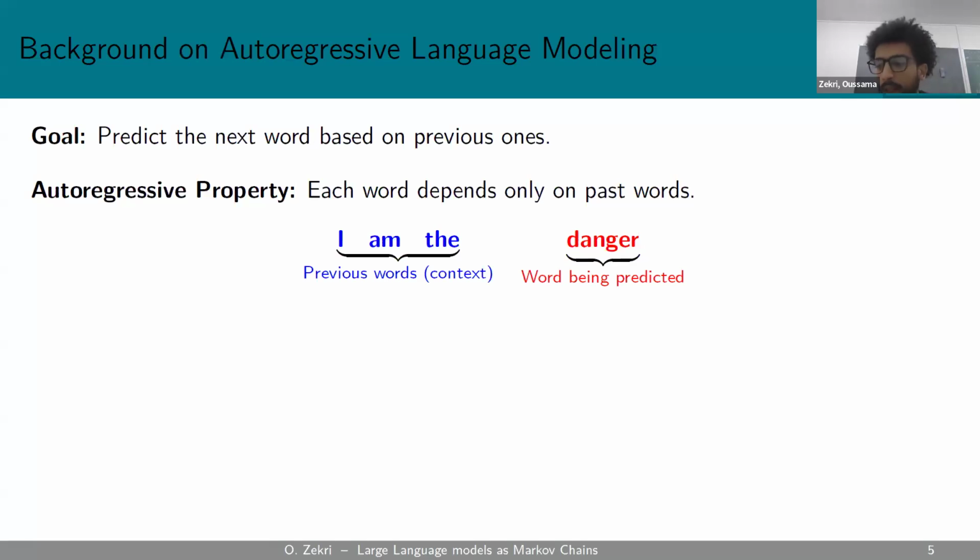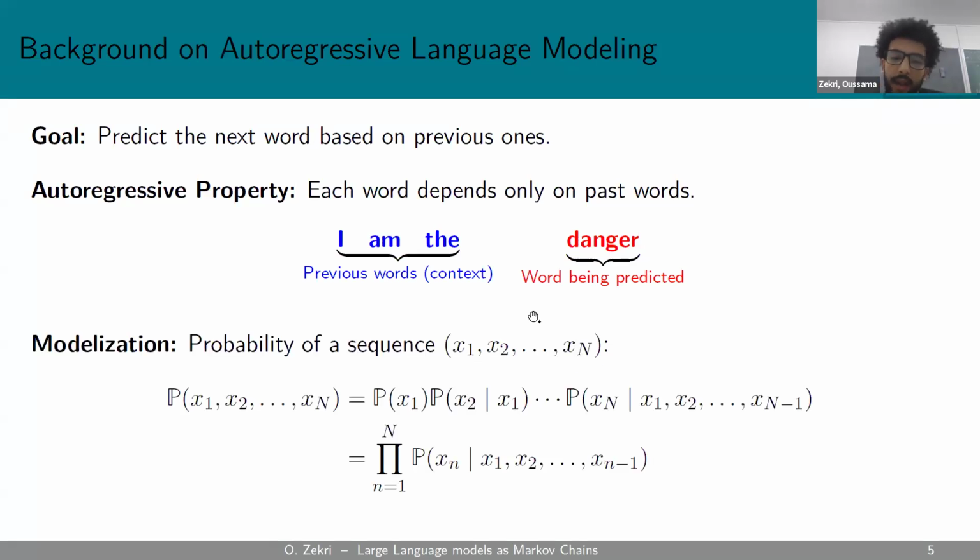In a mathematical way, this means that given a sequence of words or a sequence of tokens, you have to compute this joint probability.